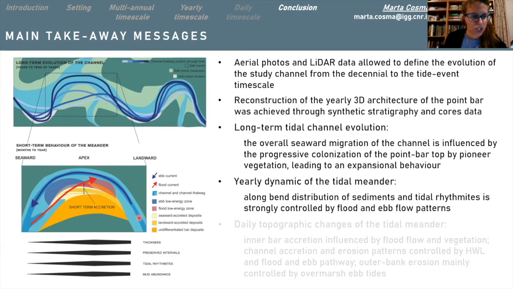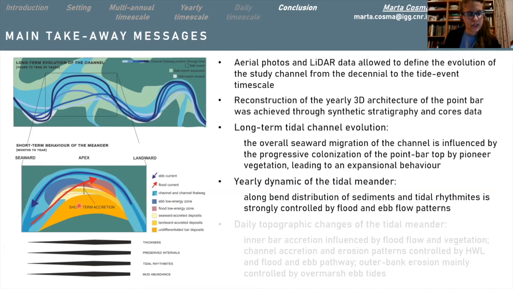Whereas the ebb flow going along the channel causes, during overmarch tide, erosion along the landward side and a lot of deposition for the development of a low energy zone in the seaward side.